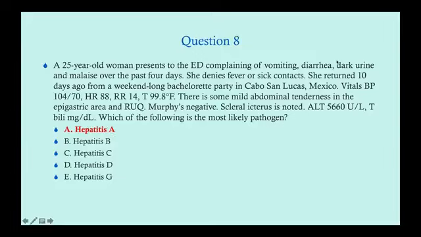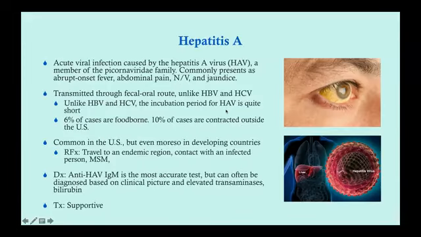And then the dark urine has to do with the fact that there's liver issues going on here. So hepatitis A is an acute viral infection caused by the hepatitis A virus, which is a member of the Picornaviridae family, and commonly presents as fever, abdominal pain, nausea, vomiting, diarrhea, and then your classic liver symptoms like jaundice and scleral icterus. It's transmitted through the fecal-oral route, unlike hepatitis B and hepatitis C.